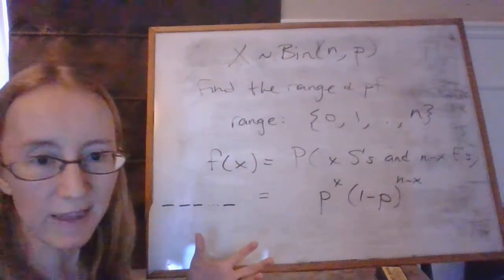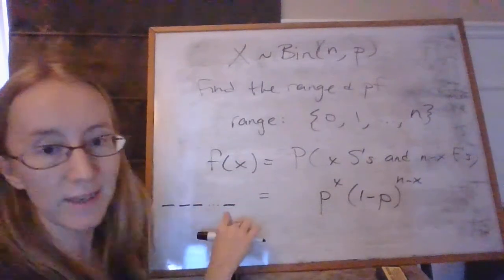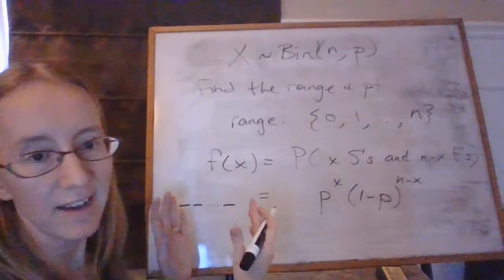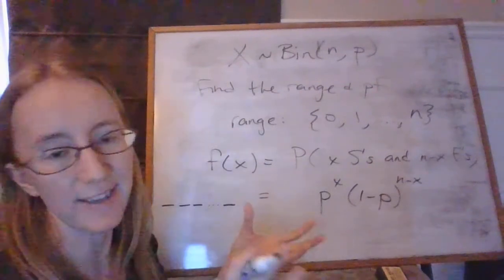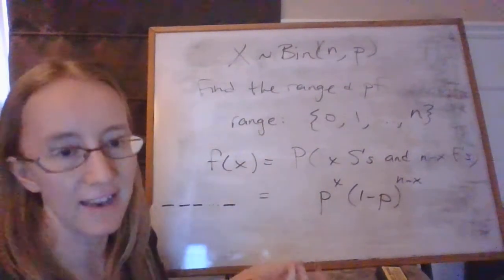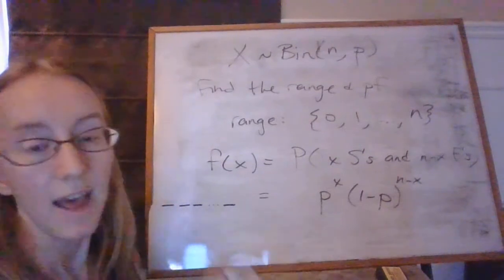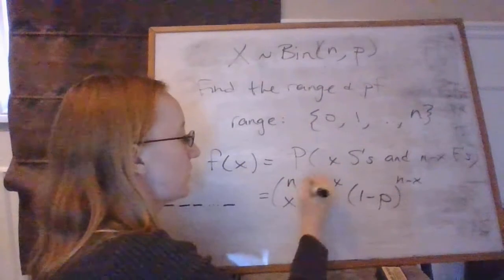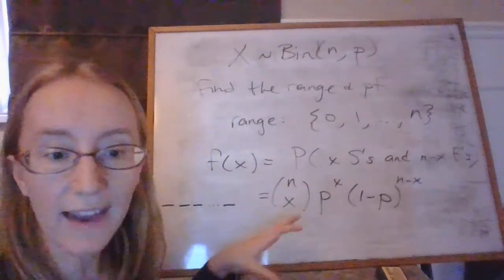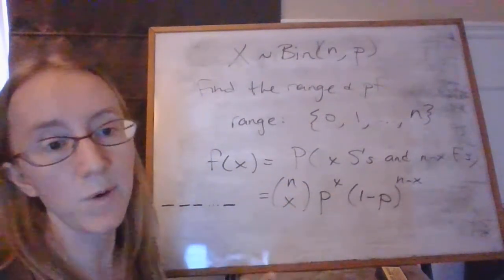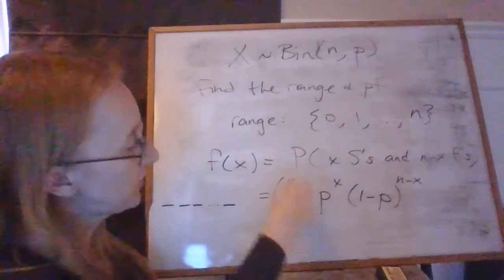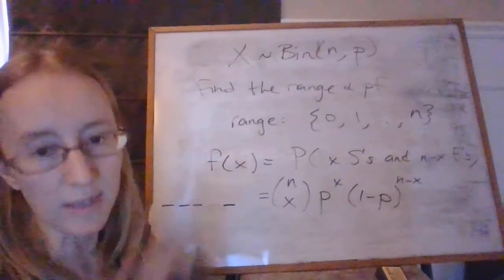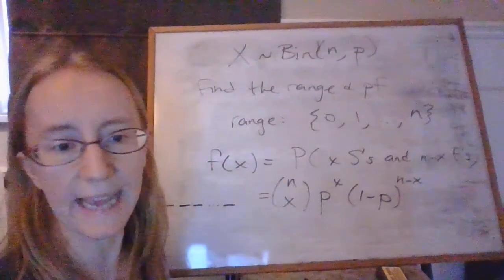However you want to think about it, choosing the spots for the successes to go, or arranging n objects in total, x of which are successes and n minus x of which are failures, the number of ways to arrange those objects is n choose x. So that gives us our probability function for the binomial random variable: n choose x, p to the x, (1 minus p) to the n minus x, for x equals 0 up to n.